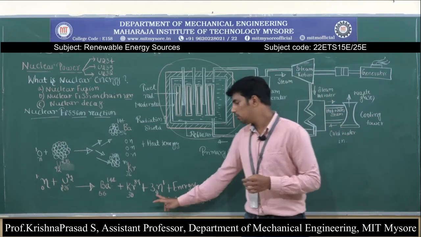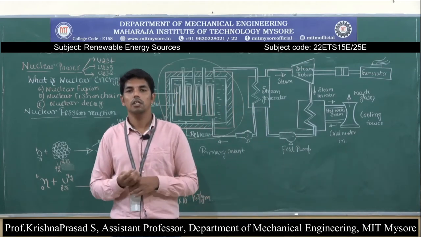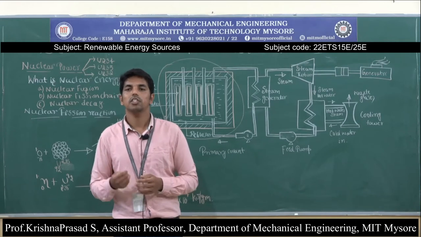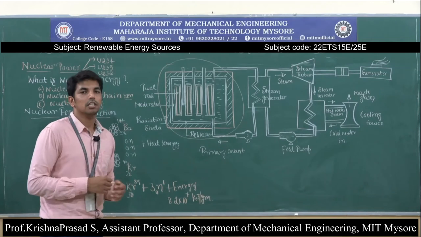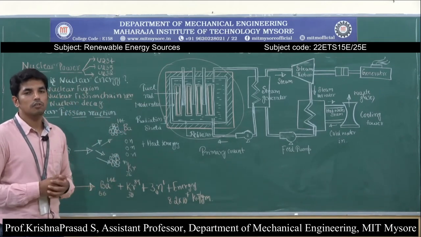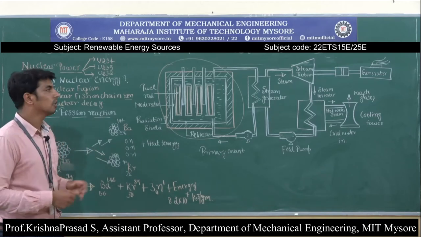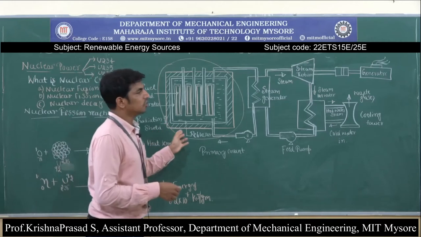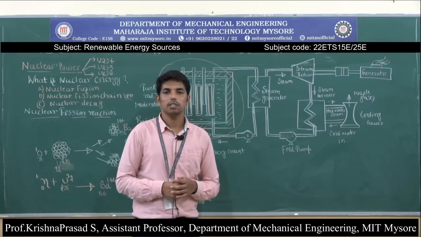These 3 neutrons interact again with uranium-235 atoms and lead to an uncontrolled nuclear fission chain reaction. Hence, inside the moderator we use control rods to control it. This is the principle. Then the construction and working of the nuclear reactor is very important.